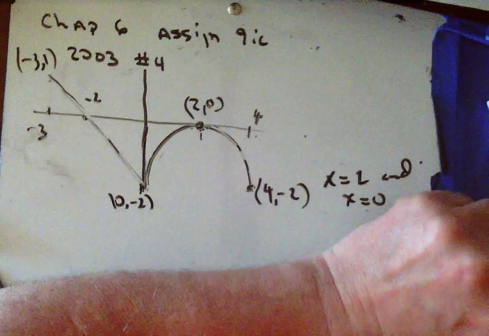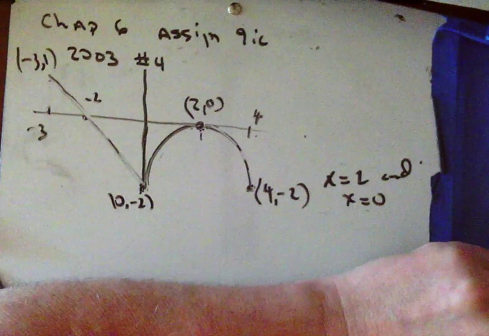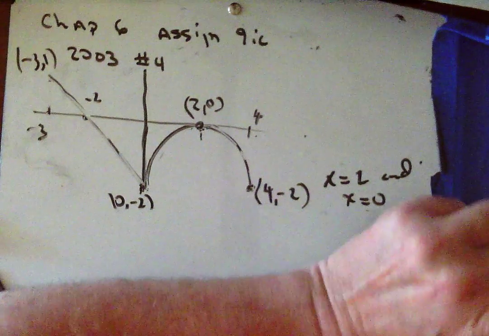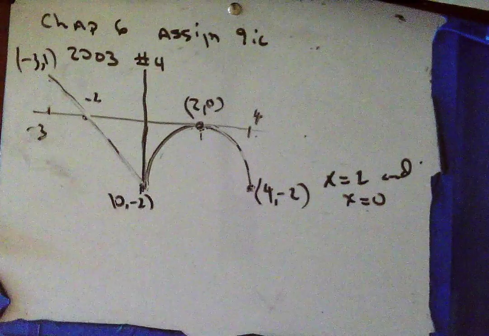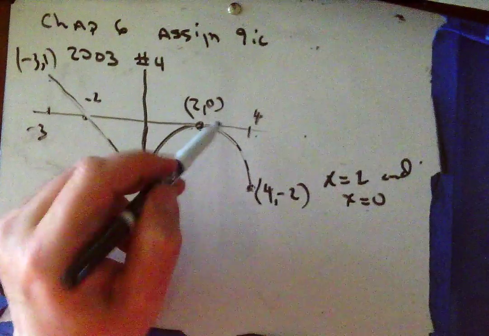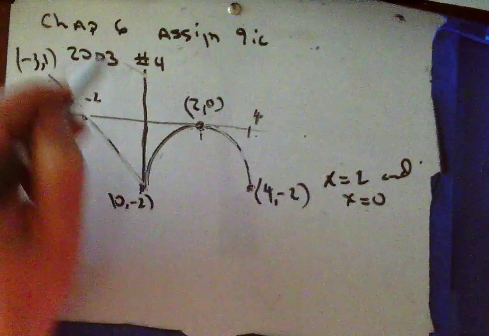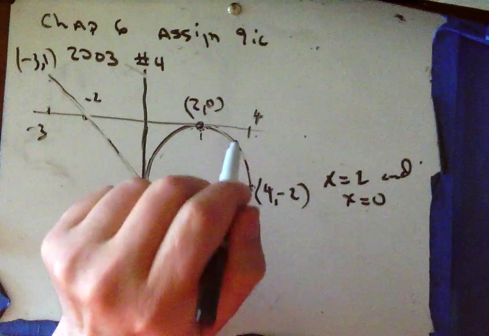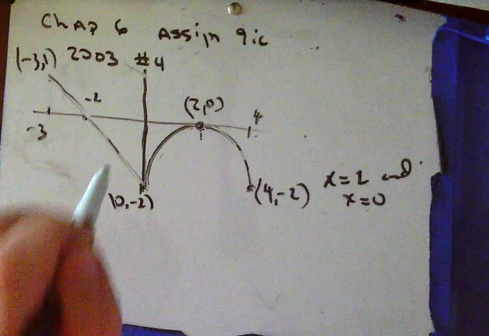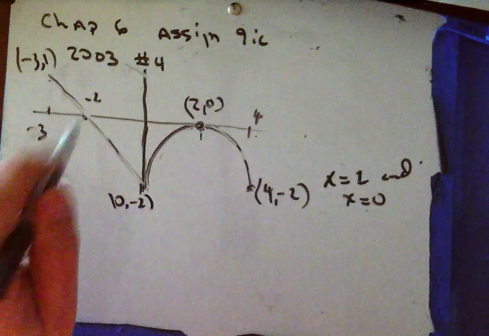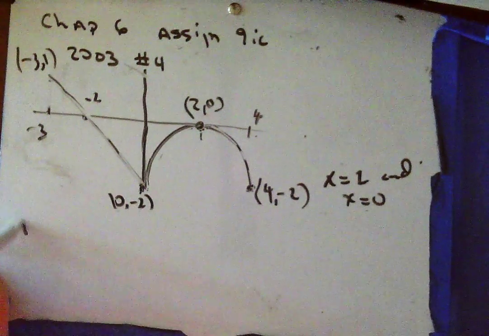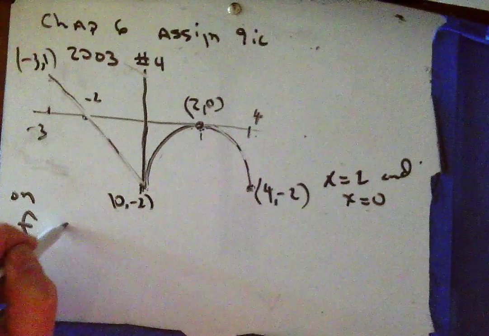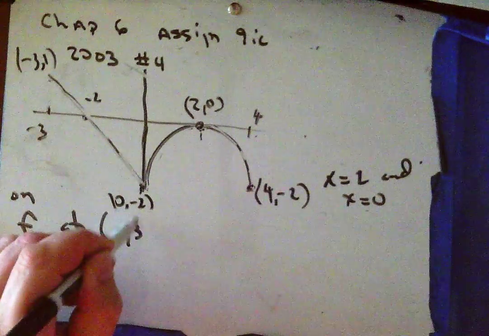Okay, part C. Find the equation of the line tangent to the graph of f at 0, 3. Not this. We're not trying to make this tangent line at 3. No, no, no, no, no. We want to have the tangent line on the antiderivative function, on f at the ordered pair 0, 3.